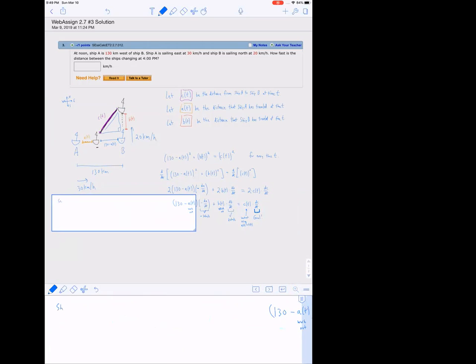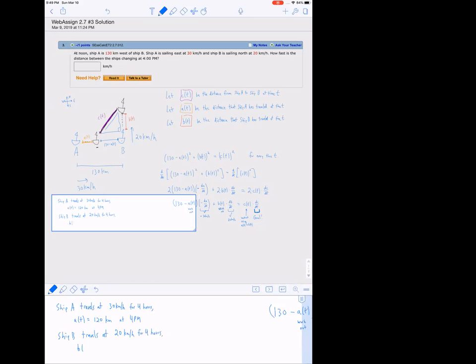So if ship A travels at, we said, 30 kilometers per hour for 4 hours, then A of t is equal to 120 kilometers at 4 p.m. Ship B travels at 20 kilometers per hour for 4 hours.